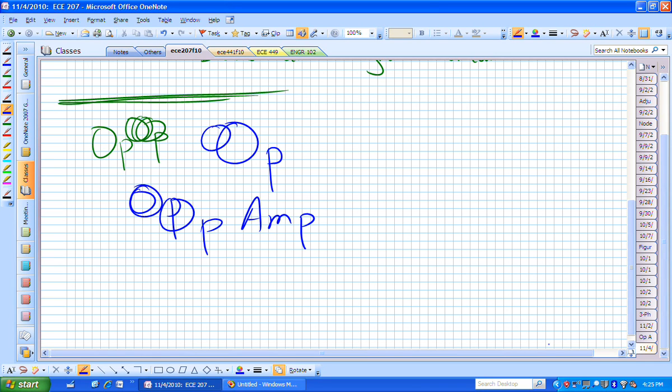Because V sub D is 0. If that is tied to ground, that's exactly the same point as right here, meaning I have this voltage dropped completely across R sub 1. That's just Ohm's law. That says then that I sub 1 is Vn over R sub 1.